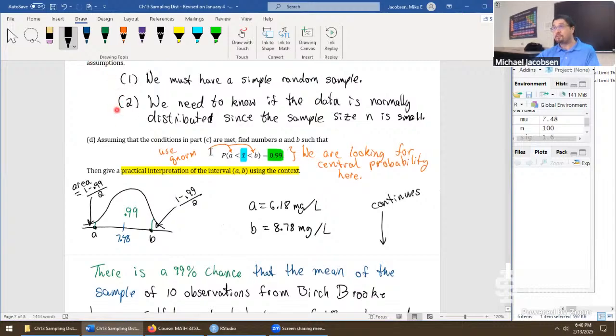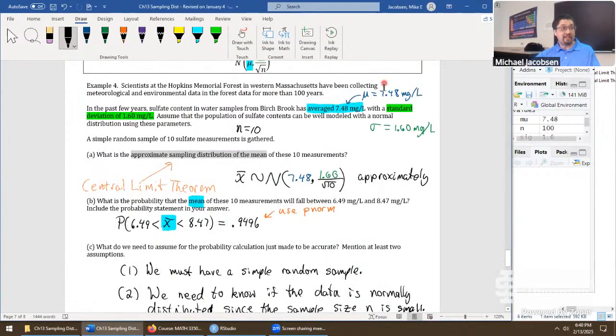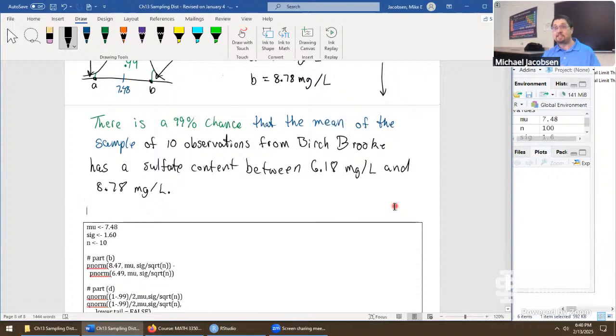One of those things could have gone wrong. Maybe one of the parameters is off here. Either one could cause a problem. But again, it gives us a set of expectations, and it's always interesting when those expectations are not met. Maybe what it means is the population really has changed in the current year for Birch Brook. New processes are happening. That kind of stuff could be what's going on.